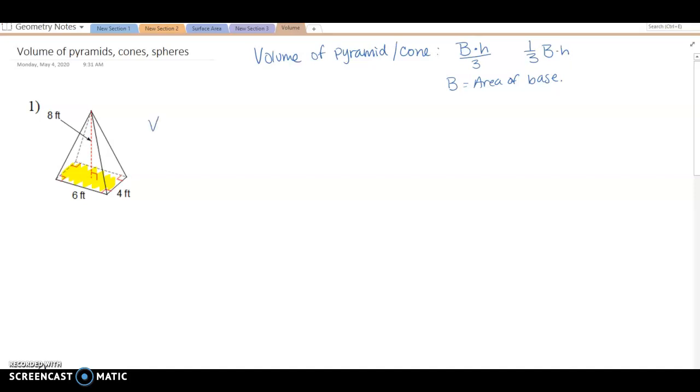So to find the volume of this, we're going to take the area of the base, which is 6 times 4, multiplied by the height, which is 8, and then divide that all by 3. So that would give us 64 cubic feet for the volume.